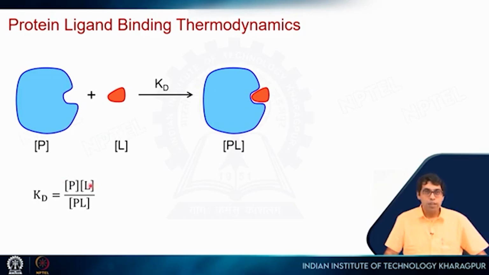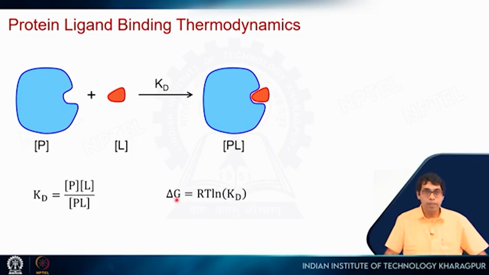So, in the numerator we have the concentration of the free protein and the free ligand, and in the denominator we have the concentration of the protein-ligand complex. You can see that Kd will have the unit of concentration, because we have concentration multiplied by concentration divided by concentration. So, Kd will end up with a unit of concentration, and this Kd is related to the free energy that we saw in the previous slide by this equation.